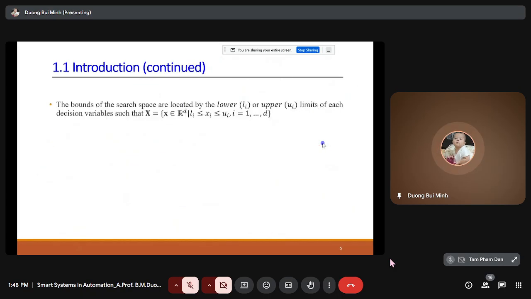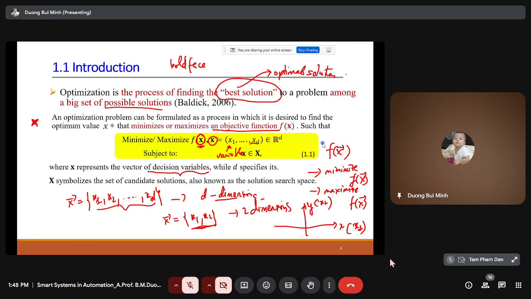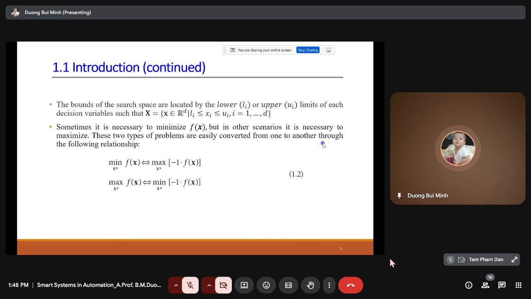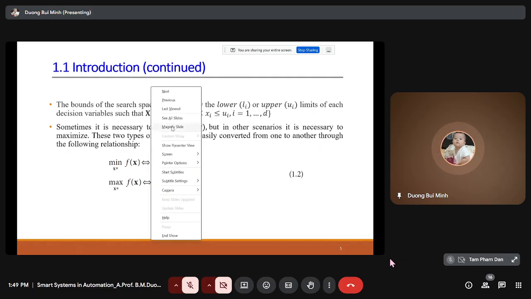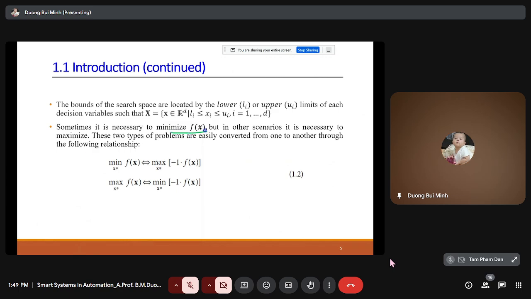So now you know what's in the objective function. Sometimes we need to minimize f(x), and sometimes we need to maximize f(x). It depends on the application. You need to maximize the profit.